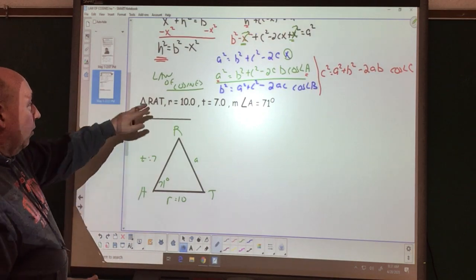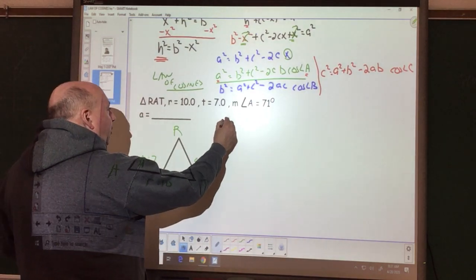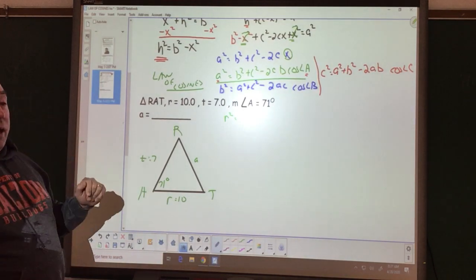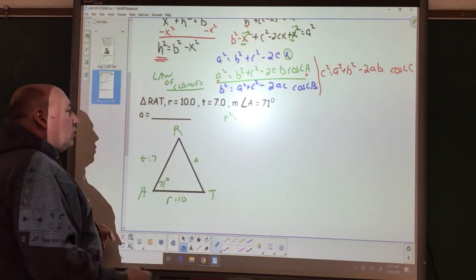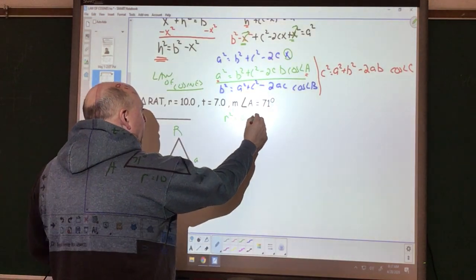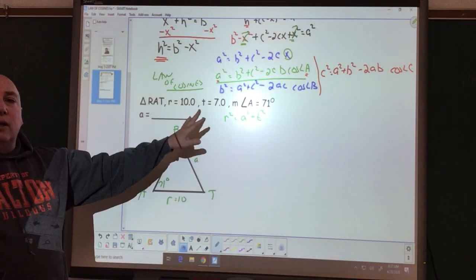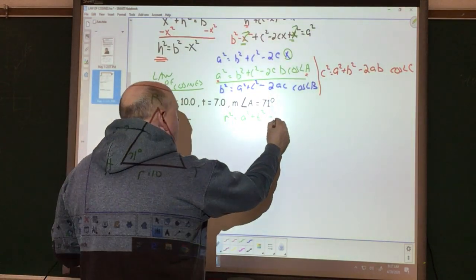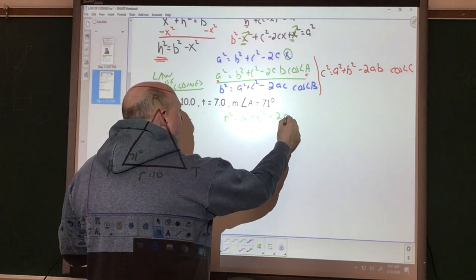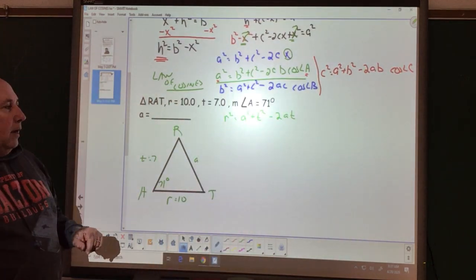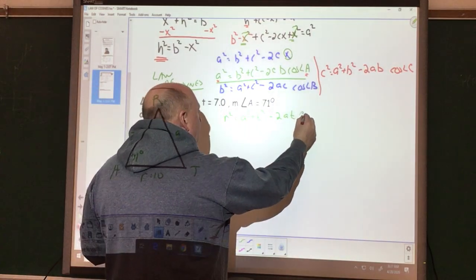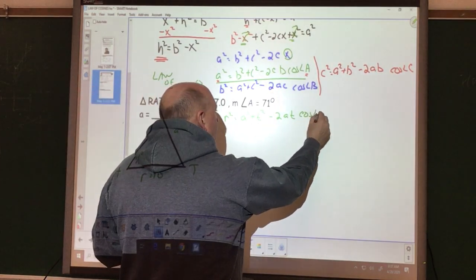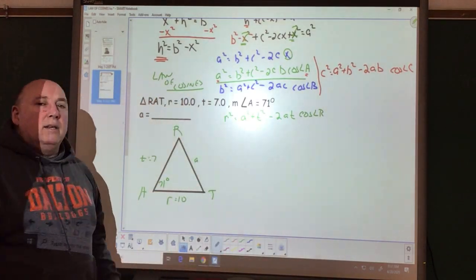I need to take one side squared, so we have r squared. Doesn't matter what side I start with, I have r squared. Then my other 2 sides being squared, a squared plus t squared. Once again, that should look like a Pythagorean equation. Minus 2, then I recopy a and t, and then we have the cosine of, if little r is at the beginning, big R is at the end.